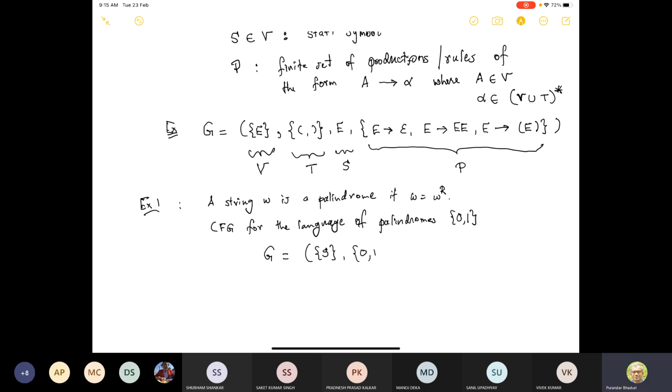And the set of terminals is, of course, the binary alphabet. And the start symbol is S. And the set of productions is as follows.